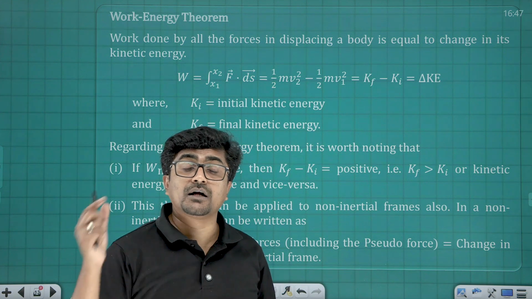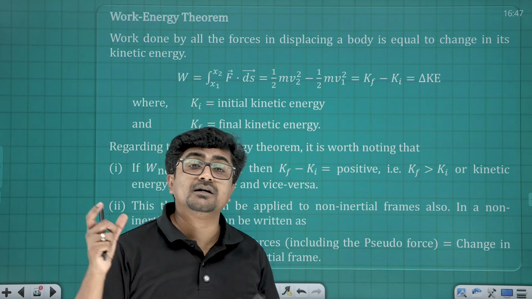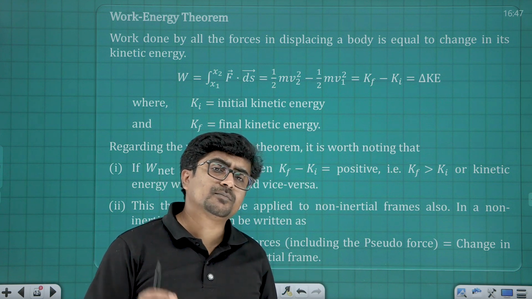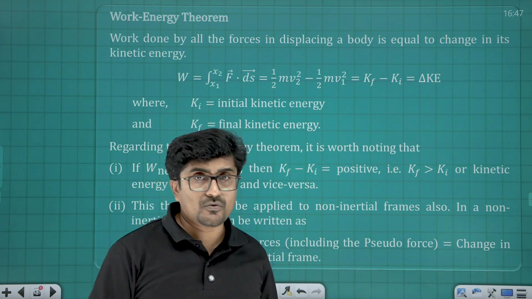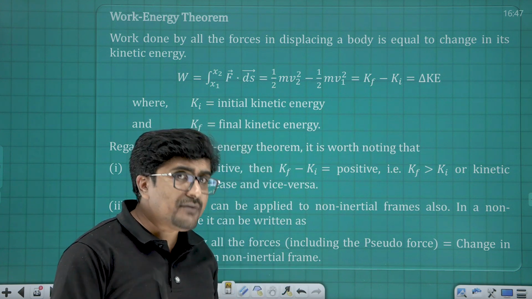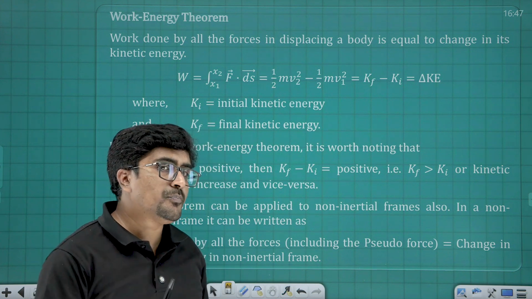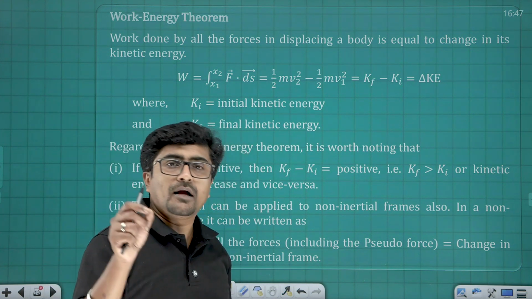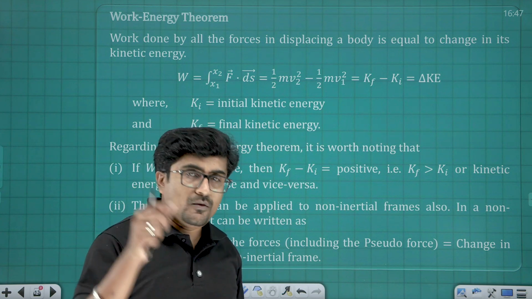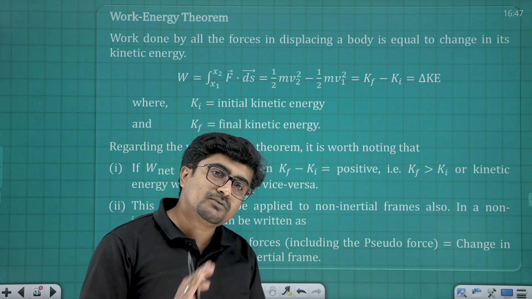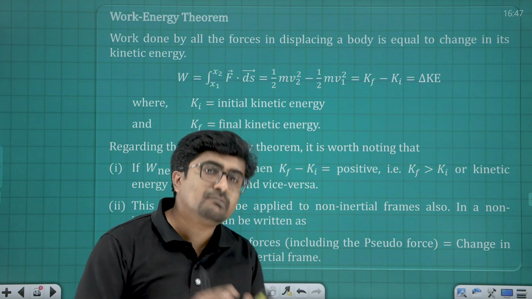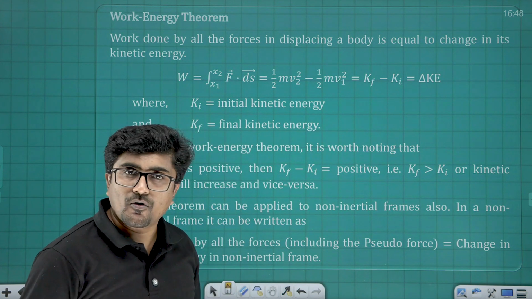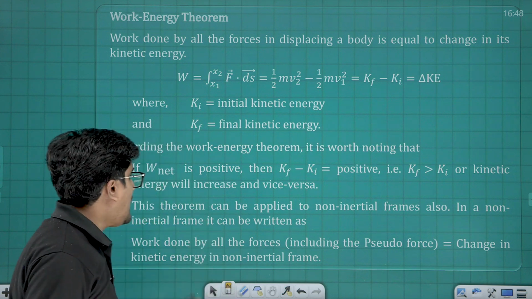In that case, you can simply calculate the change in kinetic energy by considering the work done due to the gravitational force plus work done due to the frictional force. Work done due to friction is going to be negative in that case. In pure rolling that is not applicable, but in the case of sliding, work done by friction is going to be negative, and work done due to gravitation is going to be positive. So work done by gravitation, that is positive, minus work done by friction is going to be the change in kinetic energy of the body. So that information will help you a lot.